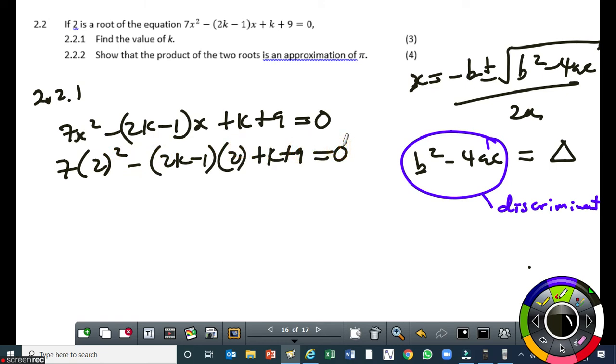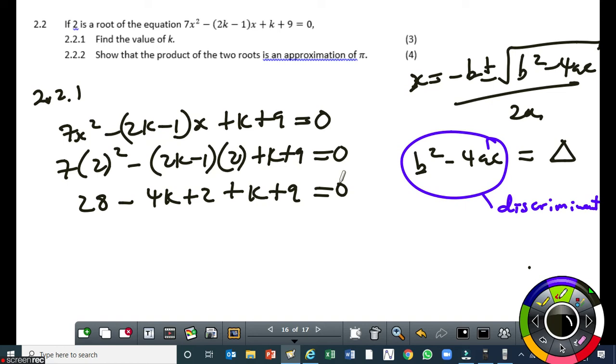We want to solve for k. So this gives me 28, and that one gives me minus 4k plus 2 plus k plus 9. I'm correcting myself, guys. We have this minus here. 2 times minus 1 gives you a negative 2. What about this minus?